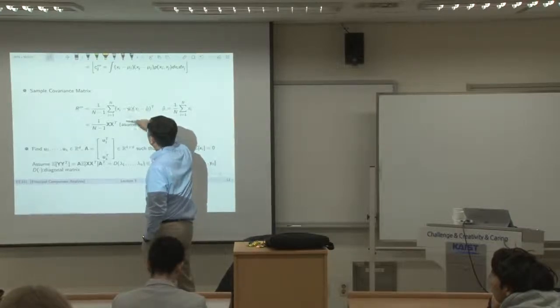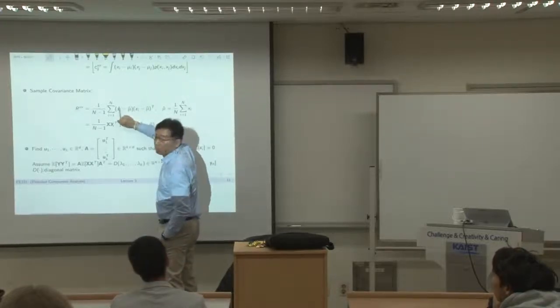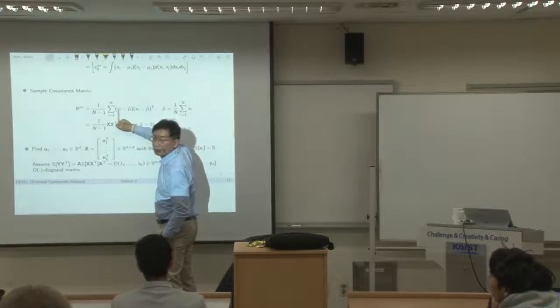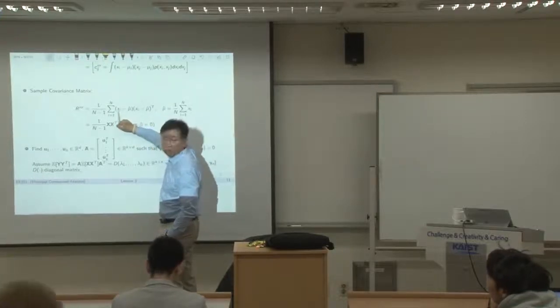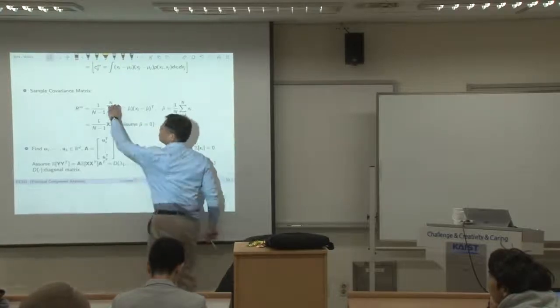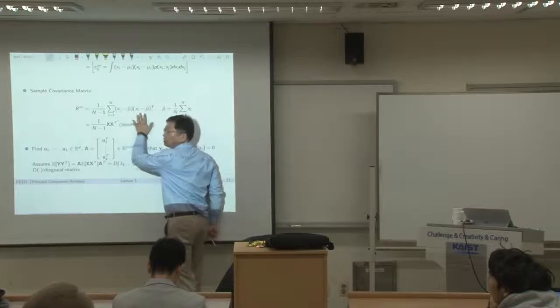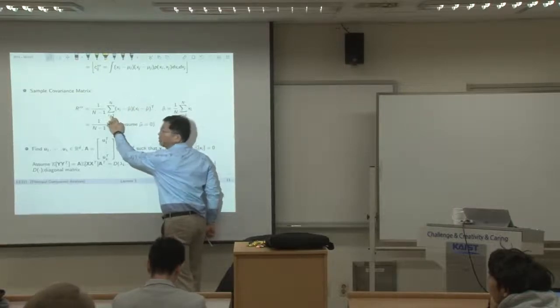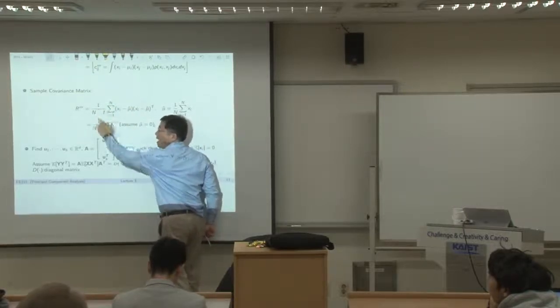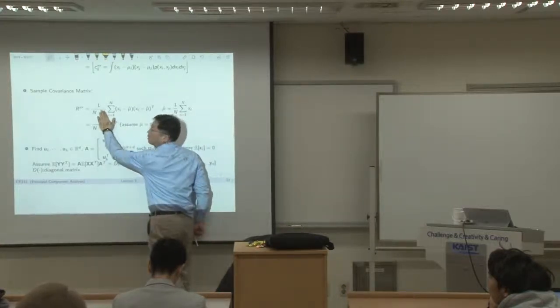Oh, no, this is the same data. This is a vector, by the way. I subtract out the mean. This is two-dimensional, and this is two-dimensional, and I take the outer product of all the data and take the average, dividing by n minus 1.